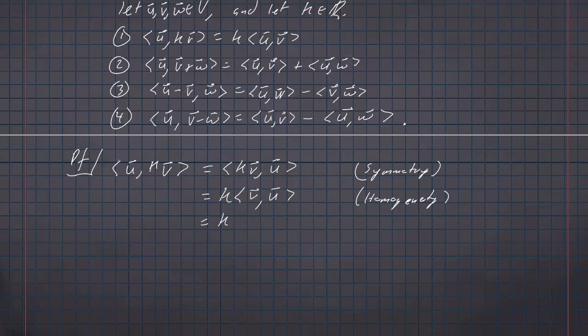And then using the symmetry property once again, inner product of v with u is the same thing as the inner product of u with v. And using the same amount of logic, you should be able to get through the other three properties with fairly straightforward proofs there as well.